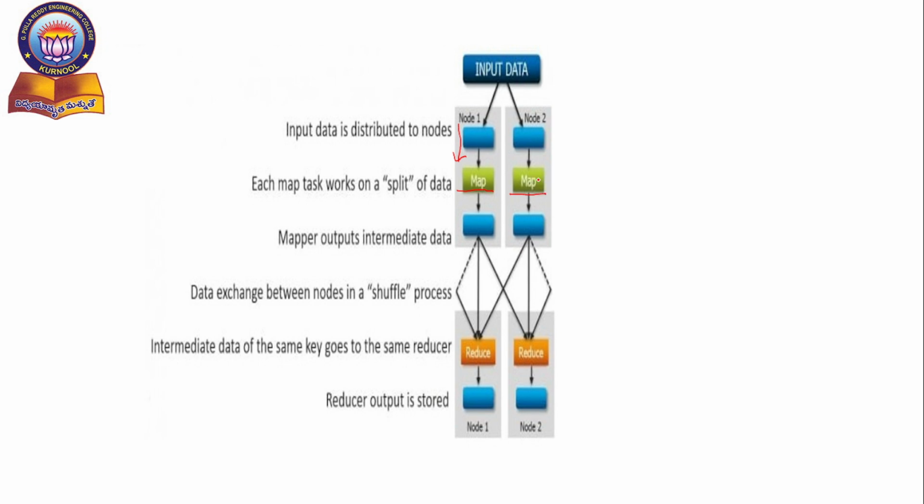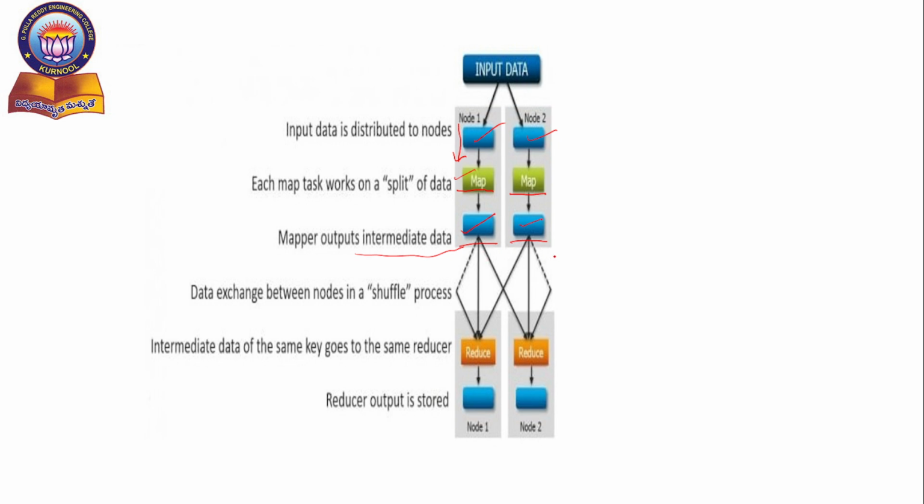So the data is distributed to these nodes, and each map task starts execution on the input data. The mapper outputs intermediate data after processing the input data. This is where the map task output is generated.